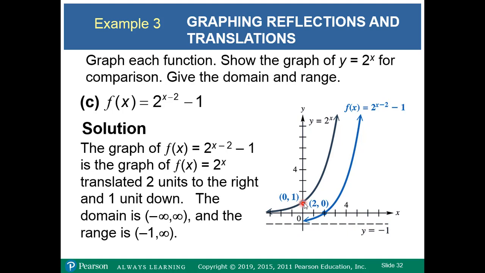So our (0, 1) went 2 units to the right, 1 unit down to (2, 0). And again, as long as you have those 3 points, we can use those 3 points and then move them 2 units to the right, 1 unit down.